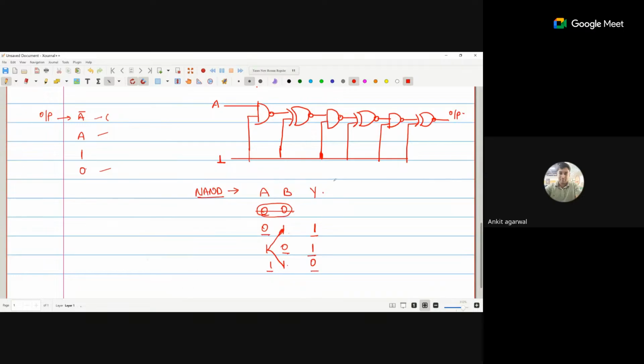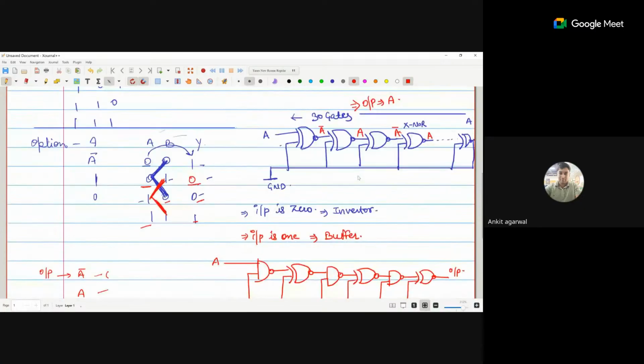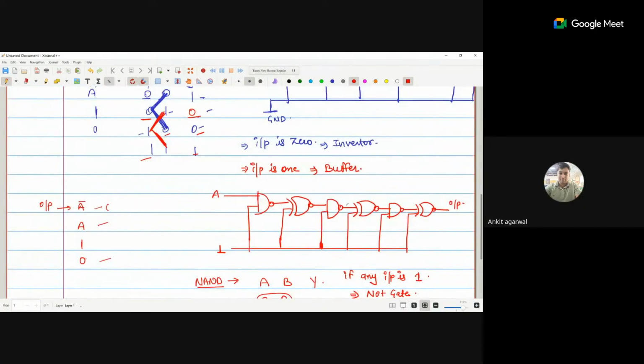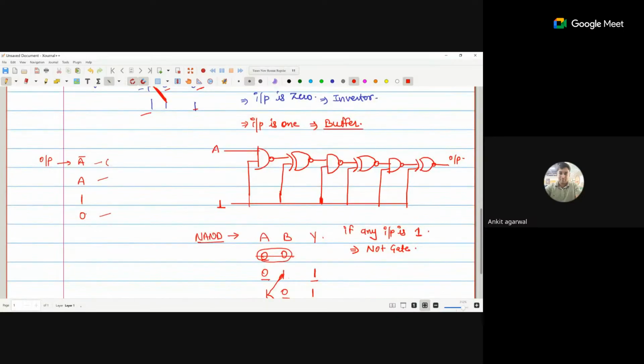So in the case of the NAND gate, if any input is 1, it behaves as a NOT gate. Okay, and XNOR we already discussed. If any input is 1, it behaves as a buffer. So with the help of A, if one input is 1, we are getting A bar.